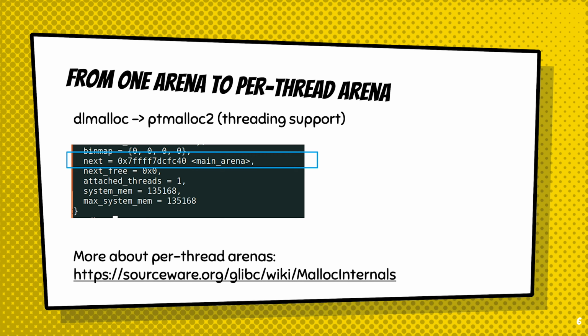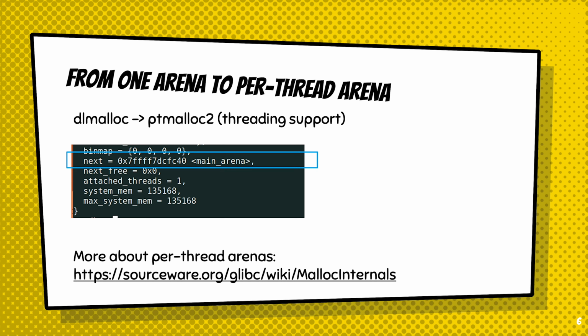Therefore, ptmalloc2 was created and it can handle heap for different threads. The way it works is that it creates a heap for each thread. Of course, there is a maximum threshold, but we're not going to talk about that today. All you need to know for our course is that for ptmalloc2, the heap is per thread. Similarly, the arena, which maps to the heap information, is also per thread.